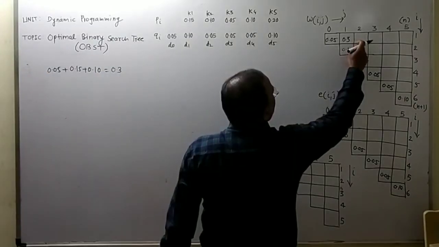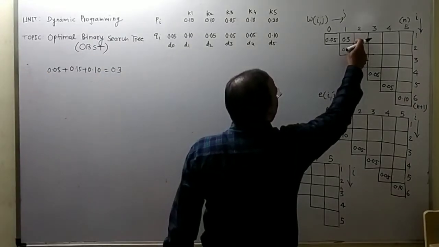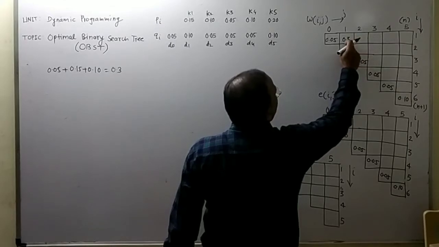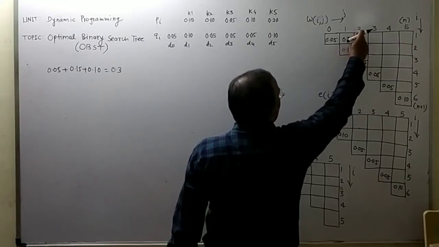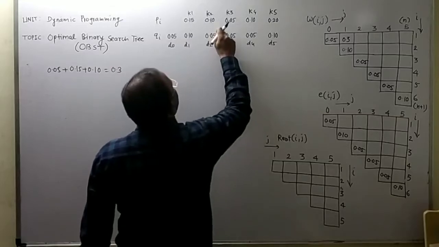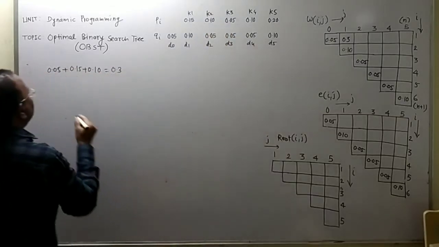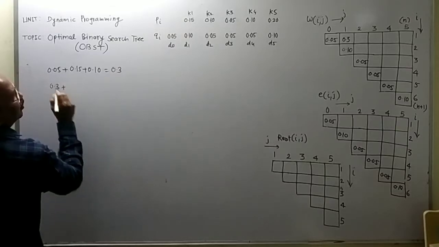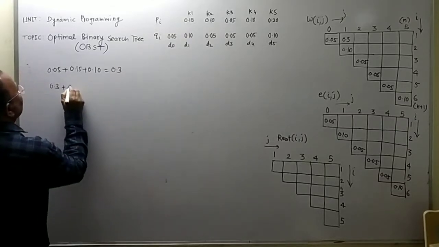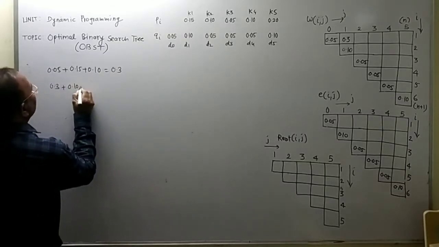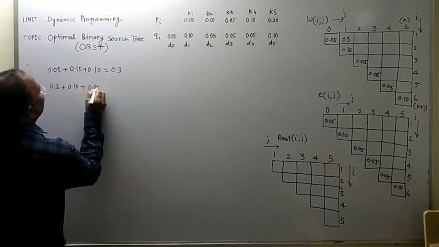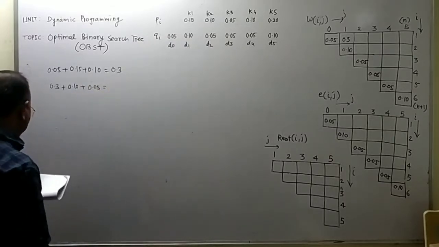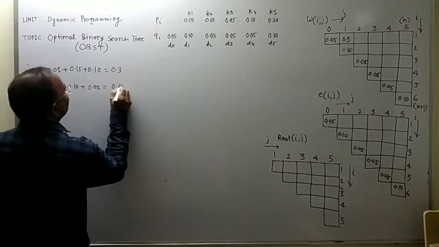Then the value for this cell is nothing but 0.3 plus the probability of K2 and D2, that is 0.10 plus 0.05, it comes to 0.45.